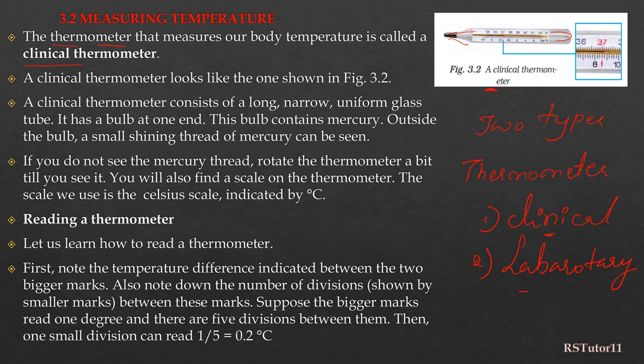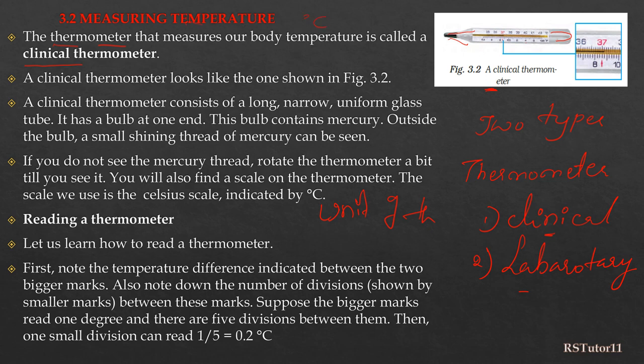If you do not see the mercury thread, rotate the thermometer a bit till you see it. You will also find a scale on the thermometer. The scale we use is the Celsius scale, indicated by degree Celsius. The unit of the thermometer is degrees Celsius.